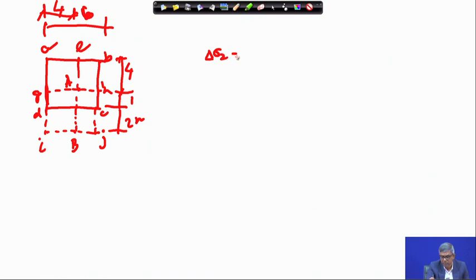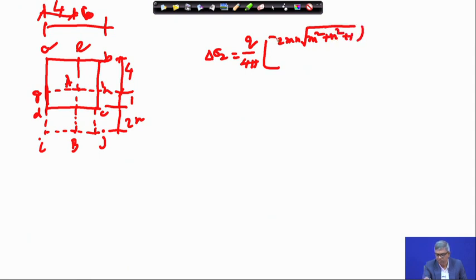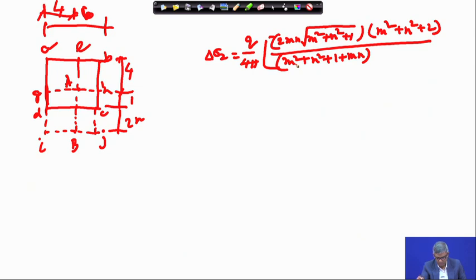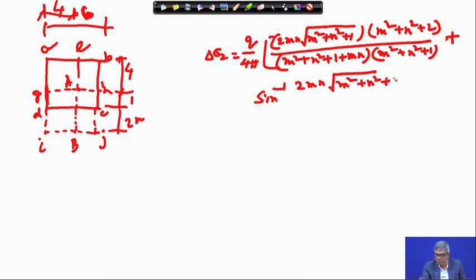delta sigma z will be equal to q by 4 pi and this will be 2 mn under root m square plus n square plus 1 and then m square plus n square plus 2 divided by m square plus n square plus 1 plus m n and multiplied by m square plus n square plus 1, this plus sin inverse 2 m n under root m square plus n square plus 1 divided by m square plus n square plus 1 plus m square n square.